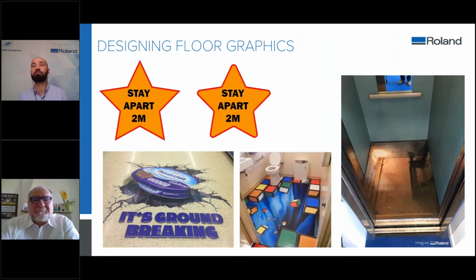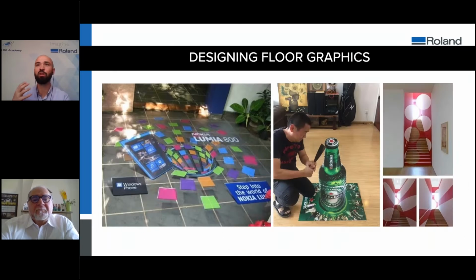The graphic on the right there is actually the elevator, the lift at the Roland offices, where we've put a sort of illusion to make it look like the floor of the graphic is missing. So just a few ideas for you. The standard 2D graphics are very easy to produce probably, and a little bit more standard, but there's a lot more that you can do when it comes to your graphics.